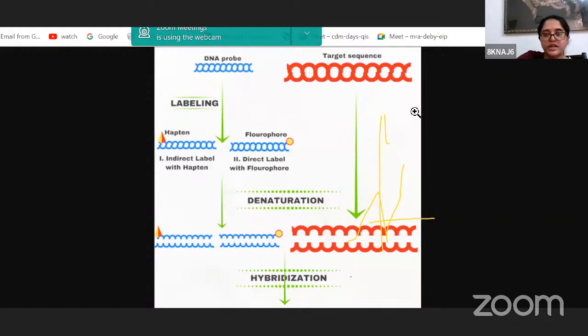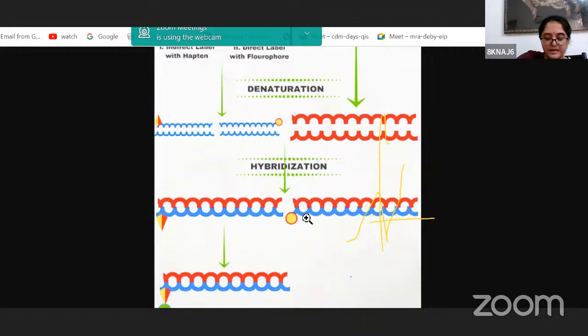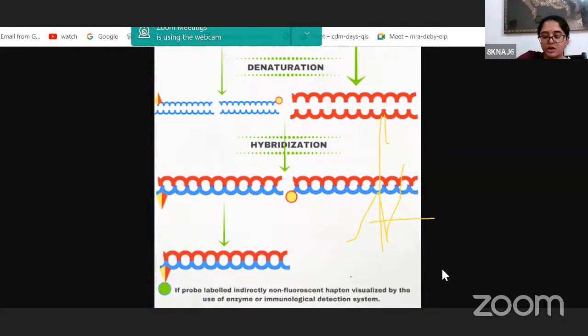Then you denature the chromosomes on the slide. You have to do a denaturation step and denature the probe, then add it to the microscope slide, and hybridization takes place with the complementary DNA. Then excess probe is washed off, and you can see the fluorescent label wherever it is, depending upon the different sites of hybridization.